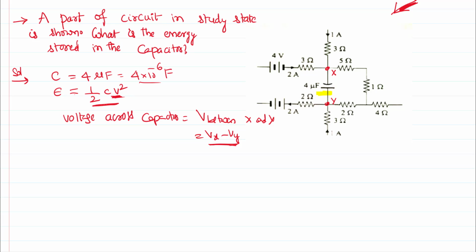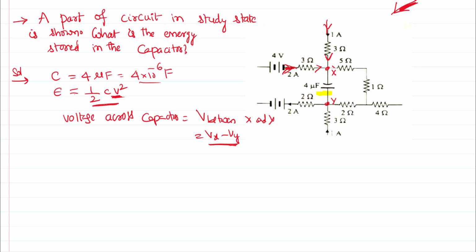You can see a 2 ampere current reaching this junction, and a 1 ampere current reaching the junction. So the sum of the currents reaching that junction is 1 plus 2, 3 amperes. As per Kirchhoff's current law, the current leaving the junction is also 3 amperes.